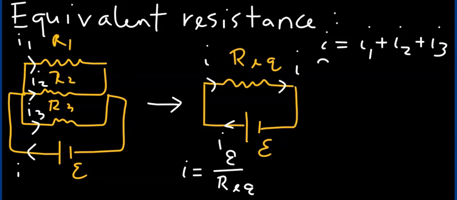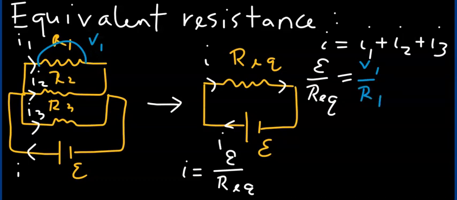So rewriting these results, you get E over Req equals, now I1 is quite simply V1 over R1. But we know V1 is quite simply the EMF. So we can simply write E over R1, like that.